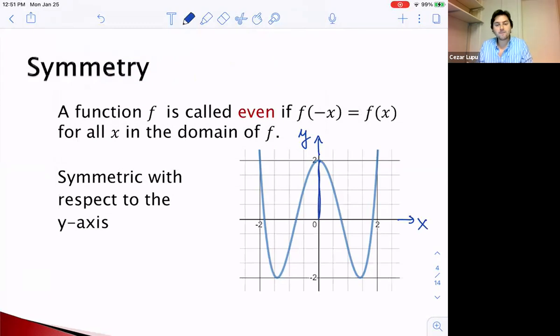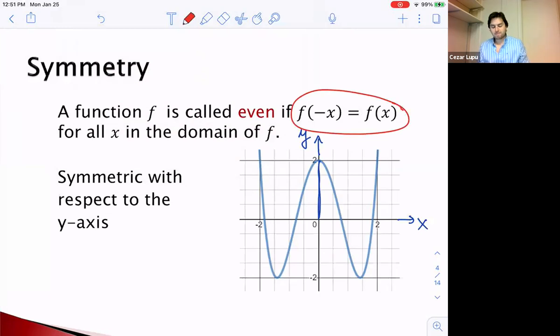So when you have a graph that looks like this, you can definitely say that the function f is even. It's symmetric with respect to the y-axis. This is the picture that you should have in mind. And formally, you can write this as f of x is the same as f of negative x.